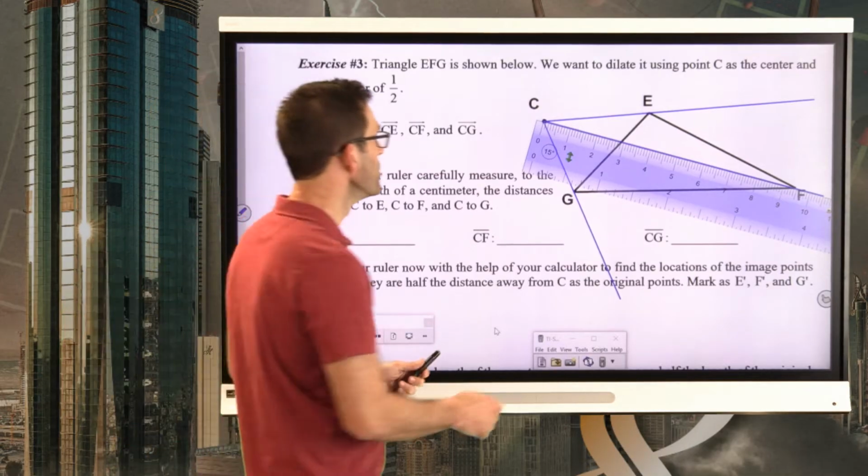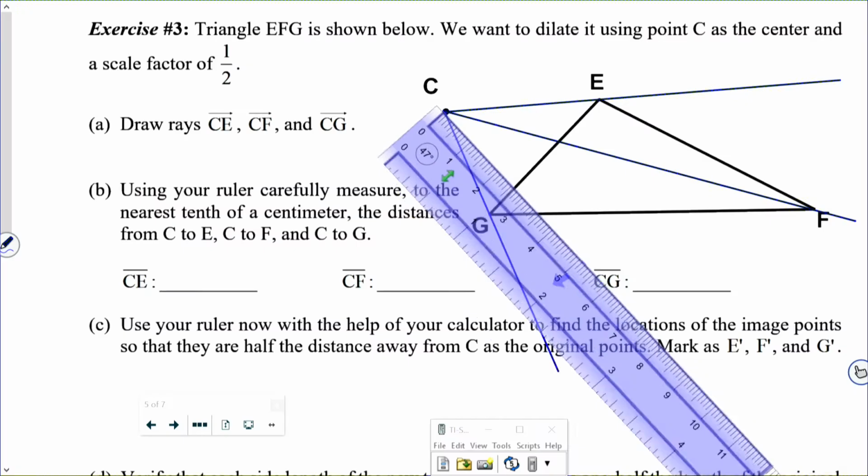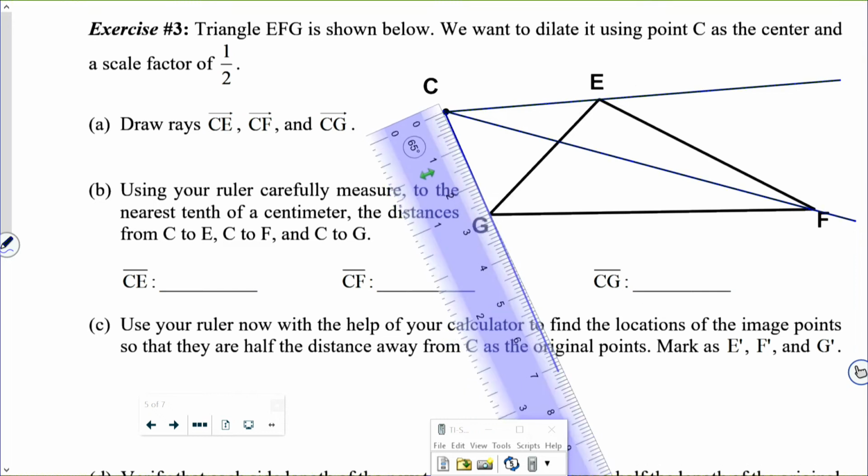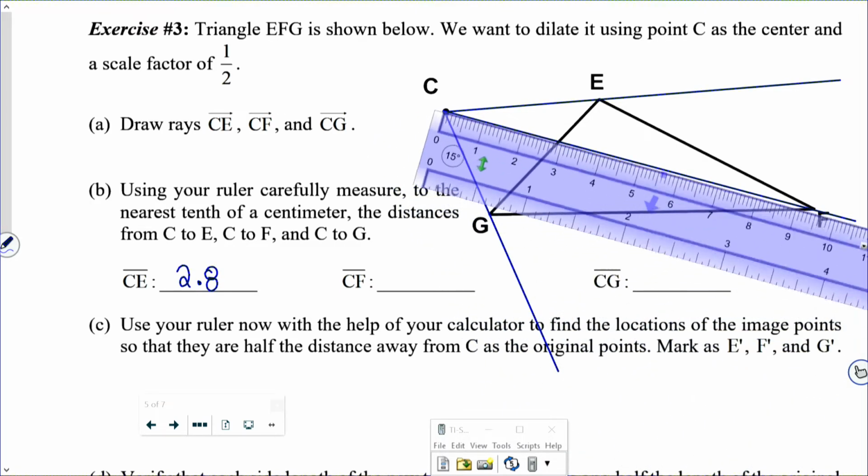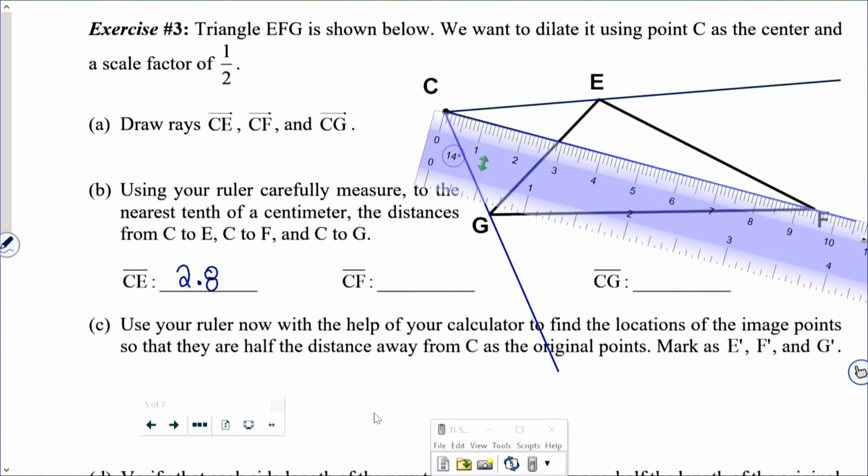All right, well, let's do it. This is pretty easy now. Let's see, we've got CG, looks like for me, it's about 2.8. All right, CF, that's going to be the long one. That one, to me, looks like it's about 9.4.